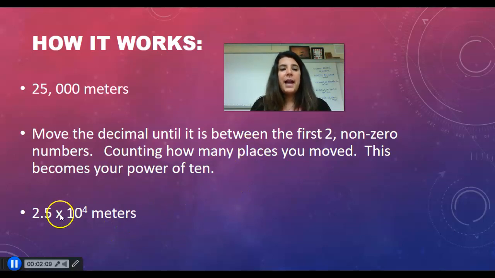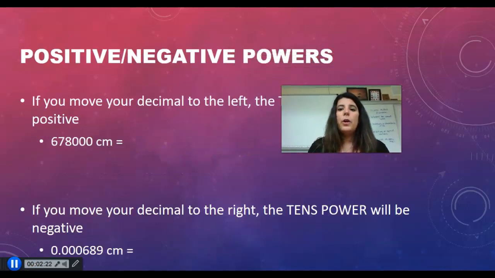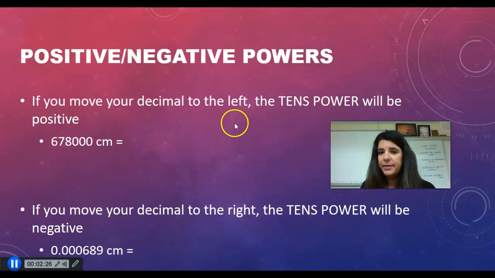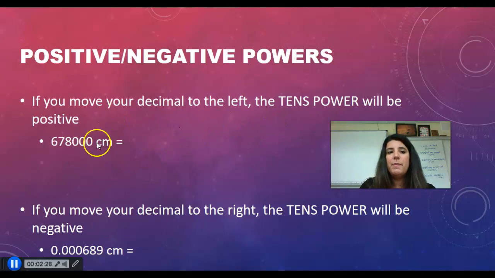Now, sometimes your power of 10 can be negative. Sometimes it's positive, sometimes it's negative. To determine whether your power of 10 is positive or negative, if you move your decimal to the left, the power of 10 will be positive.